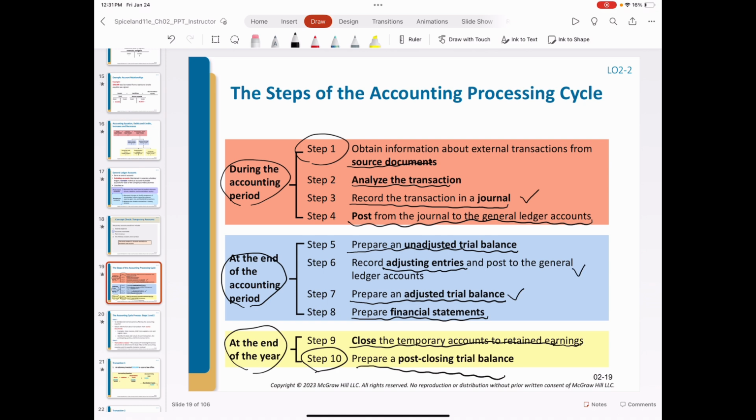And step 6, adjusting journal entries, based on internal transactions or events. The last is closing journal entries. Following the journal entries, we also post the journal entry information to the ledger 3 times, and we will also have 3 trial balances. After step 10, we are ready to go for the next accounting period, or we will start the next accounting cycle.